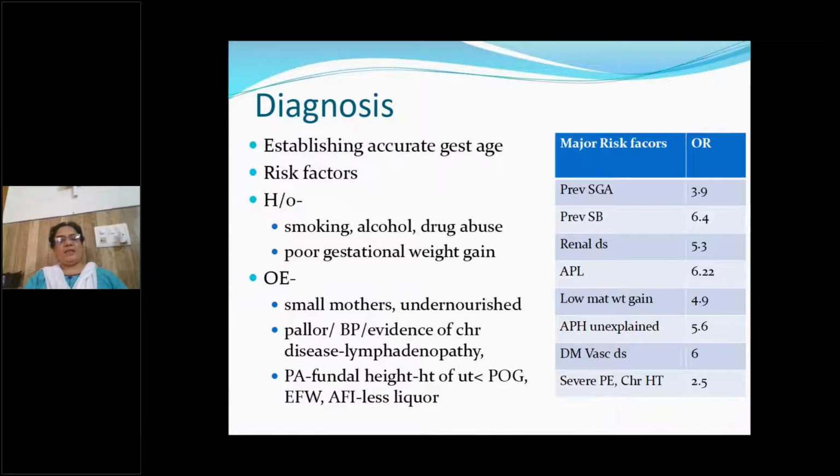Then on general examination, we look for any evidence of hypertension, presence of anemia, evidence of a chronic disease like lymphadenopathy. On per abdominal examination, fundal height, the height of the uterus, will be less than the period of gestation, and your estimated fetal weight, which as clinicians we do by subjective assessment, will be less, and the liquor also will be felt less.